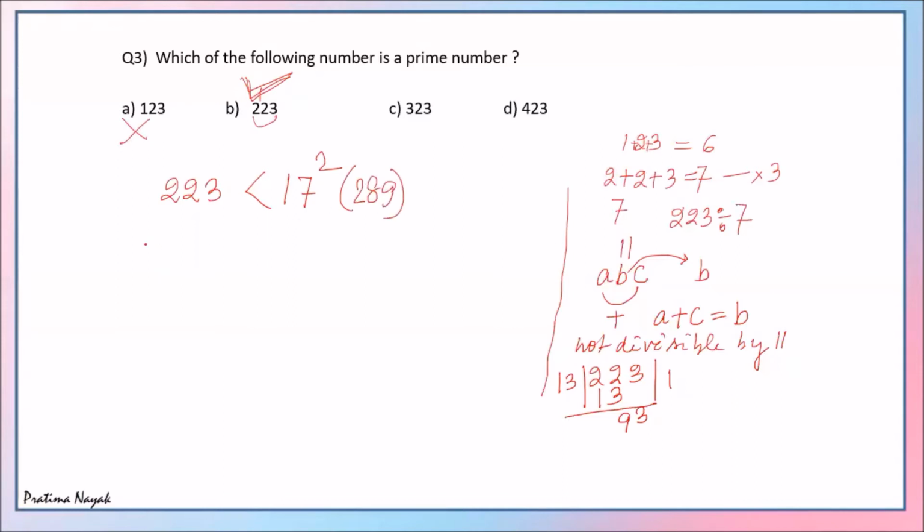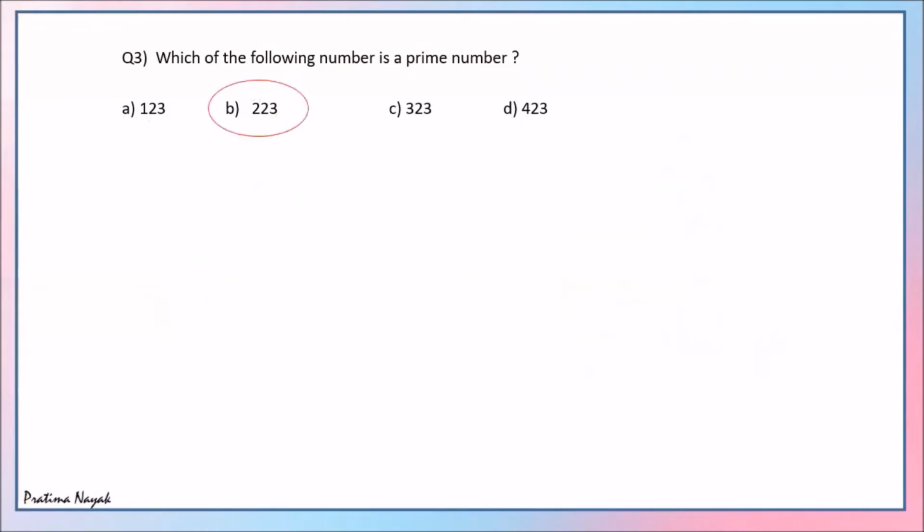I'll test only the prime numbers less than 17: 3, 7, 11 and 13. So when it is not divisible by these 4 numbers, I'll declare this is a prime number. You can verify also. So 223 is the prime number.